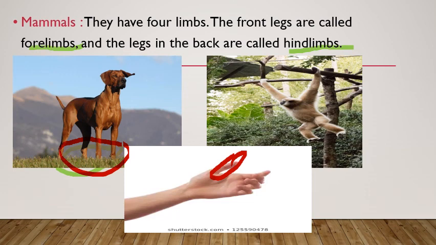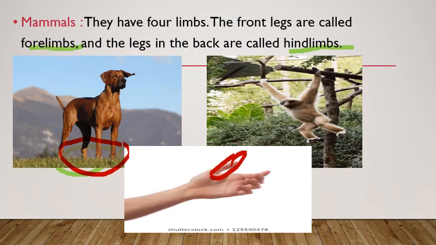That is why it is called the opposable thumb. This is very special for human beings. Did you understand? This helps us to catch anything, hold anything, and we can use it for different things.